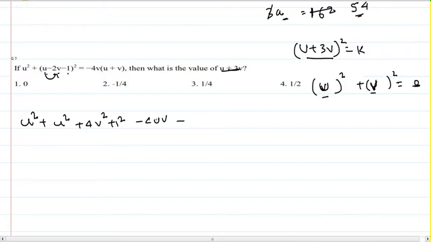Let me rearrange this. This will be 2u and plus 4v. That is equal to minus 4vu and minus 4v square. I see 4uv, 4uv is cancelled. There is no other term that combines u and v.